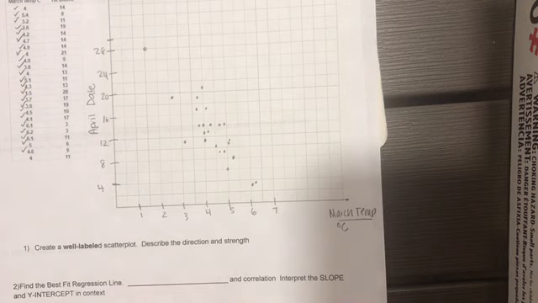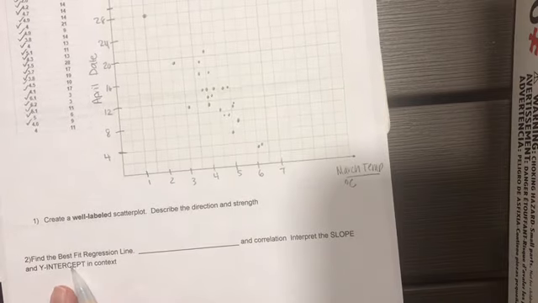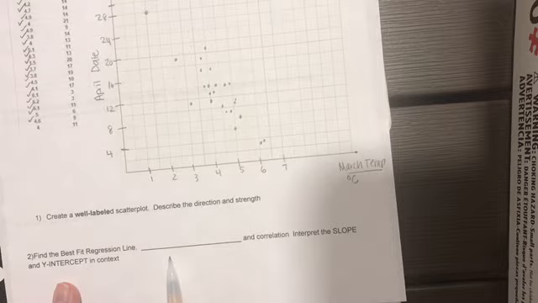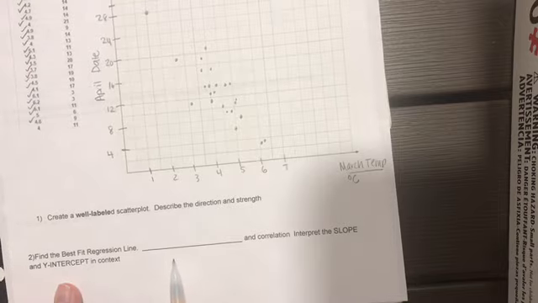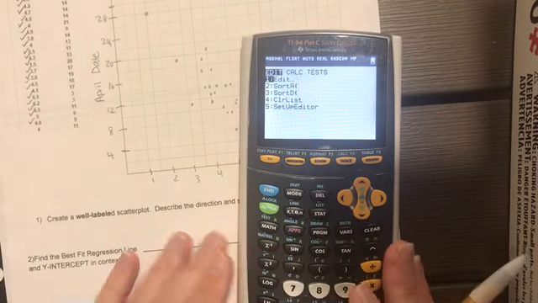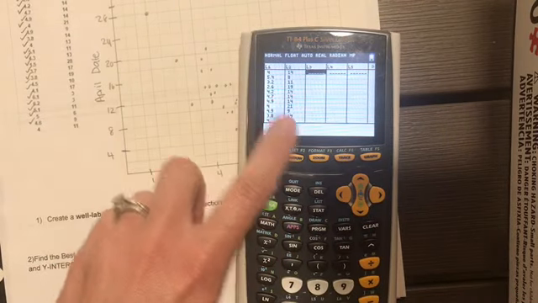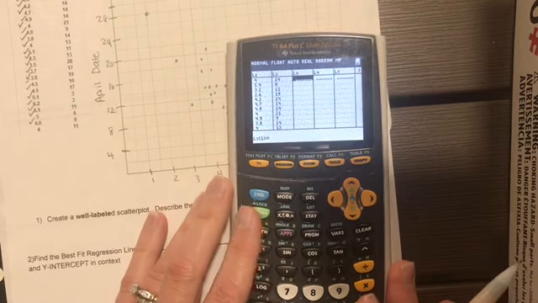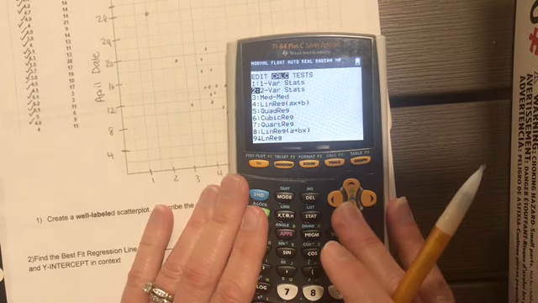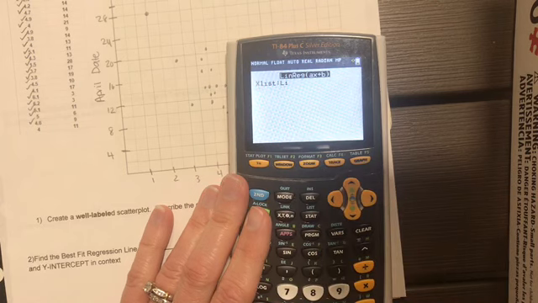So negative, moderate. Okay, find the best fit regression line. That we can do in Schoology, but we also can do that on our calculators. I've already entered my data into list 1 and list 2. Now if we go to stat, calculate, number 4, see how it says linear regression?